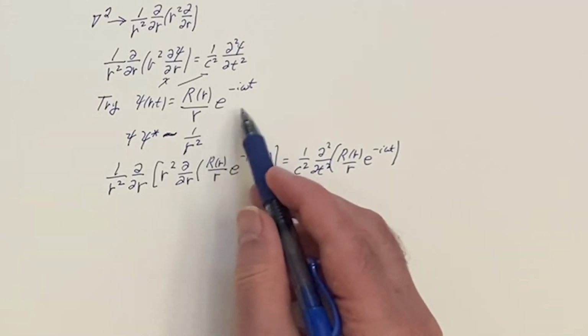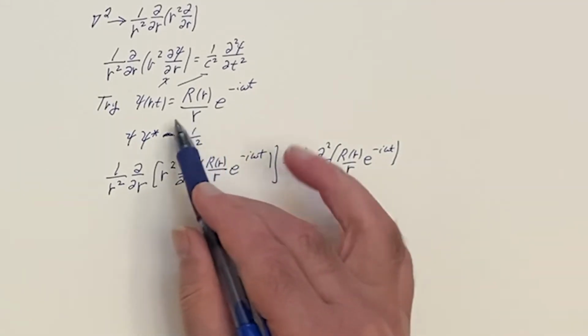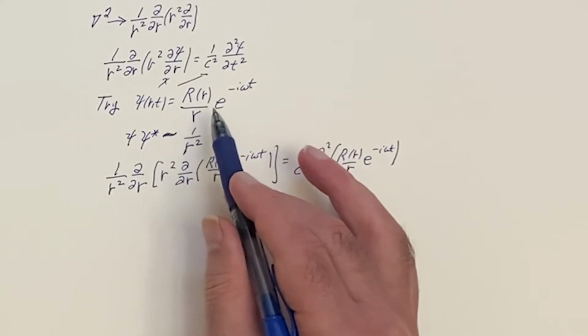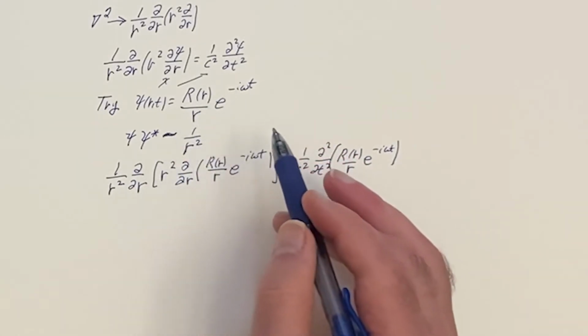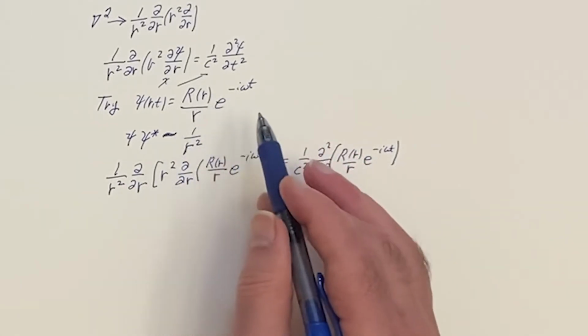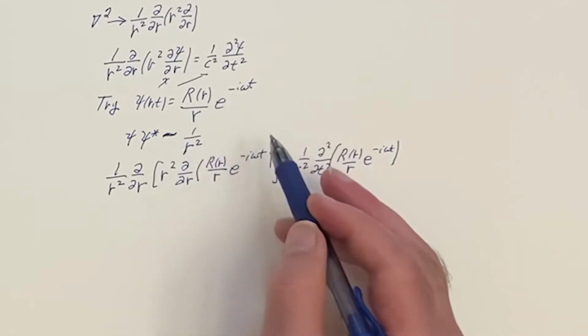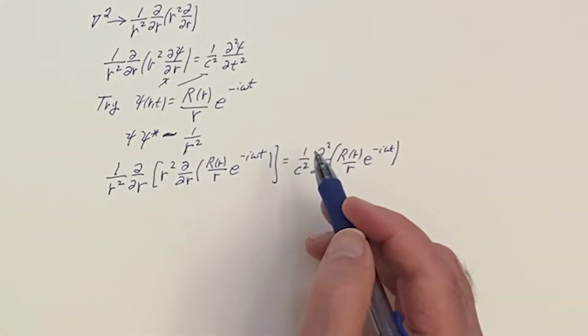Sometimes this is referred to as the separation of variables technique, where you separate variables. In this case, we are justified, of course, since time and r are independent.